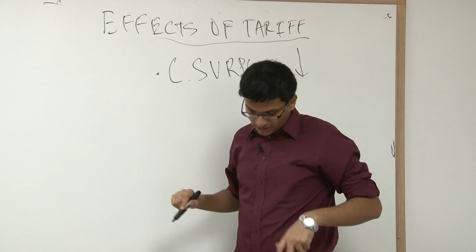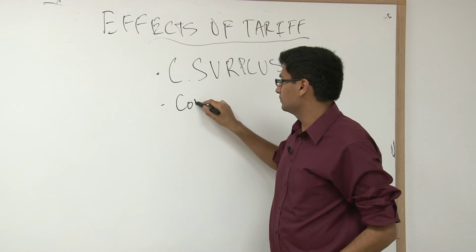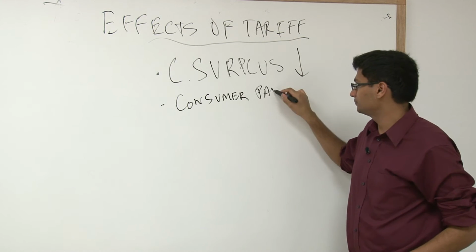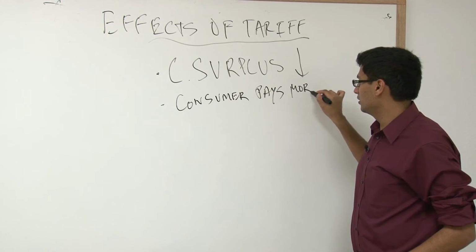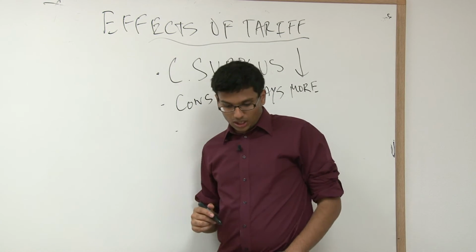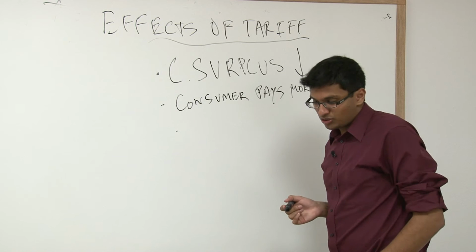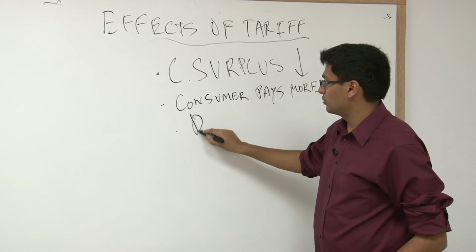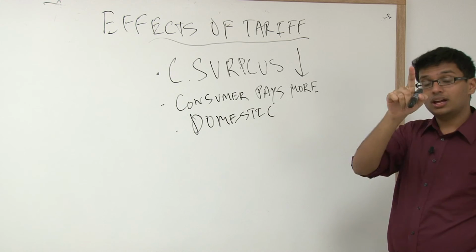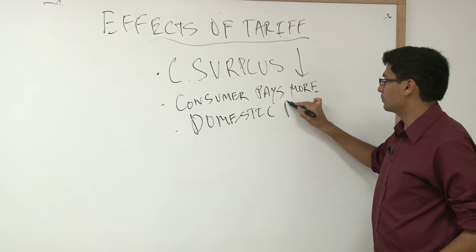So obviously one of the things is the consumer pays more for the same product. All right, so what about another one? Domestic producers actually can increase output. So domestic producers actually benefit with a protective tariff, right? Domestic producers benefit.